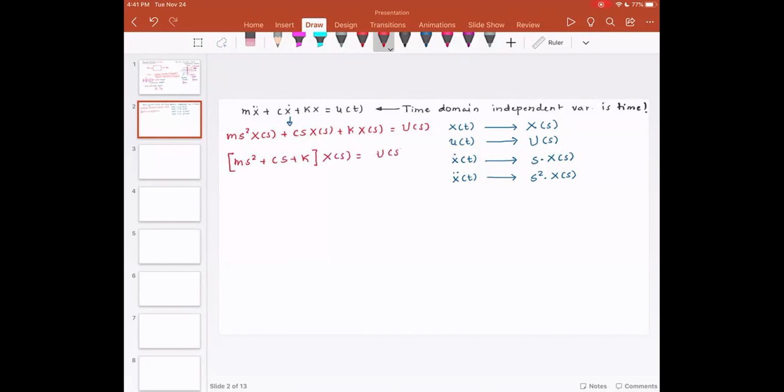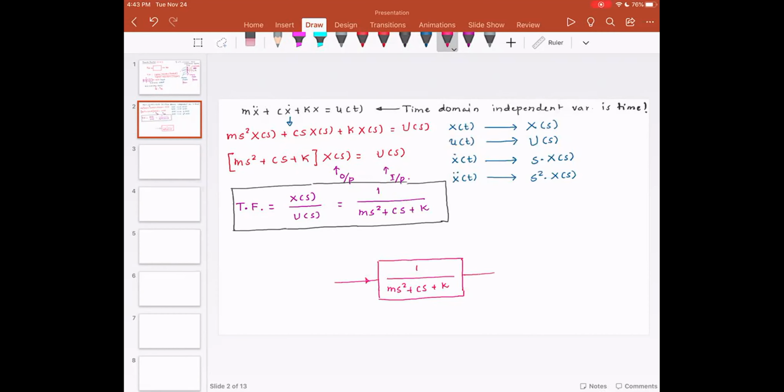Now, if I want to study the system response, I could have u of s entering over here and I would get x of s as an output over here.